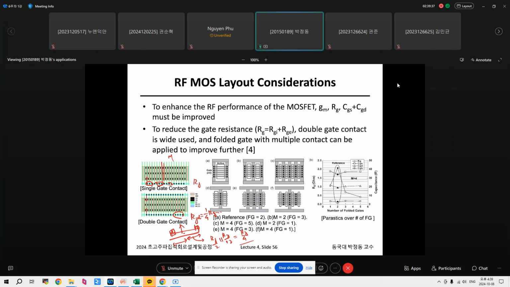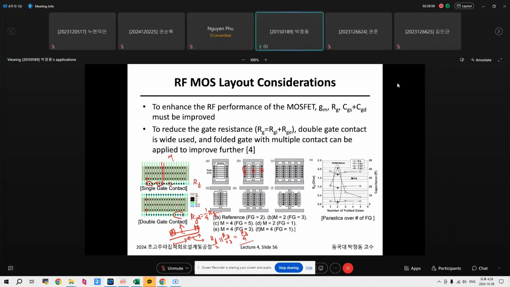A Samsung engineer introduced this approach. This is a unit cell, this is the active component, and this is the gate. The gate is shared like this. This is a higher multiplication factor.